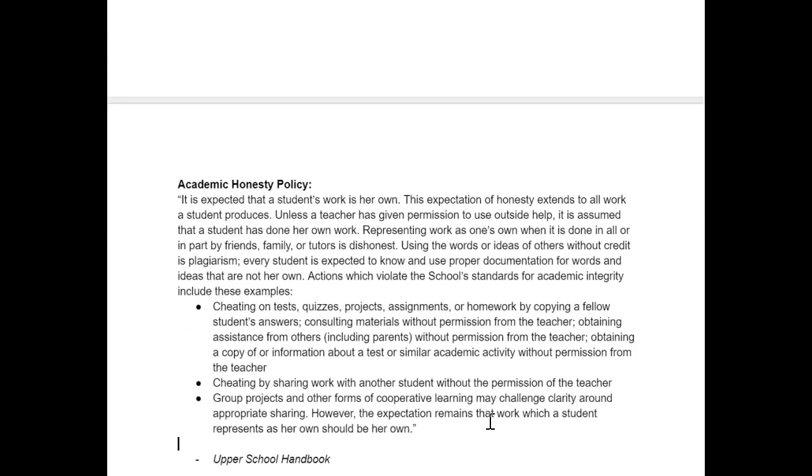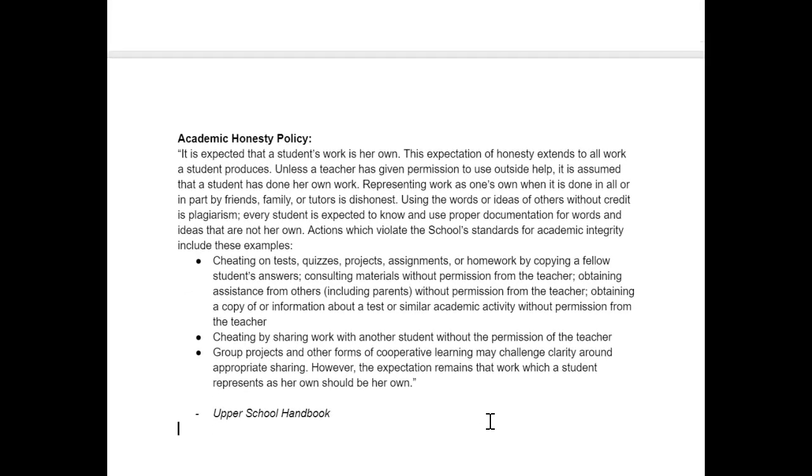Academic honesty, I have a little bit of something to say here. I've pulled what's in the school handbook for this, but I want to talk a little bit about collaboration. Collaboration is expected in this course, and it's a fine line sometimes between collaborating and plagiarizing or cheating. Here's where I draw that line.